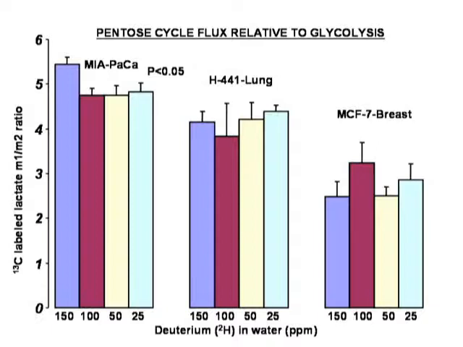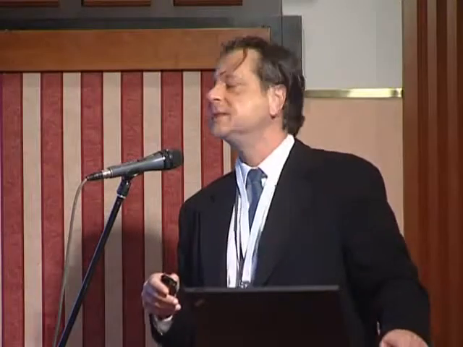And the MCF7 breast cancer cell line, with the 125 ppm water, showed an increase in this study. Size did not show any significant values, yet there was a trend. Now, this number on the y-axis tells you exactly, of every glucose molecule that enters the cell, how many of them went through the oxidative branch of the pentose cycle and got returned into glycolysis through the non-oxidative branch of the pentose cycle.